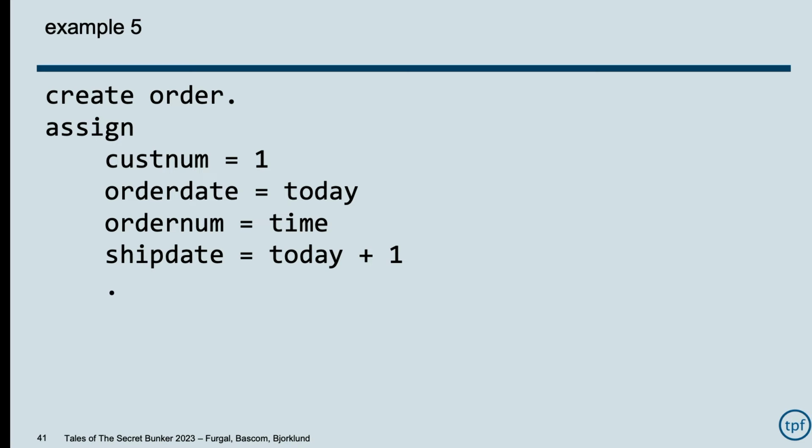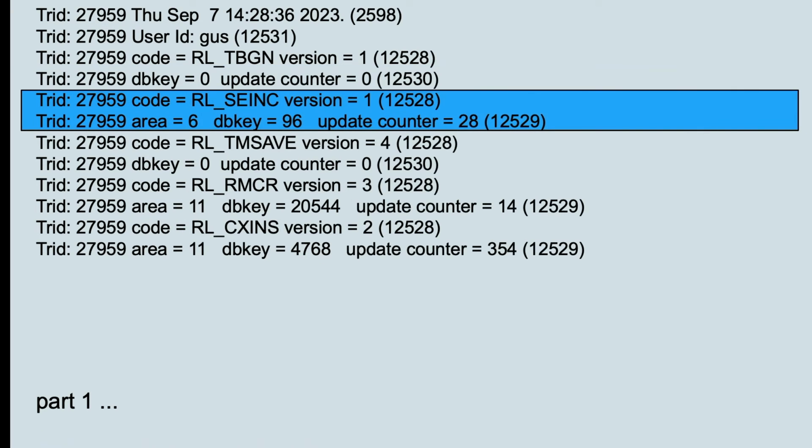So when you do that, because we're using an assign here, and we're assigning values to all the fields that are involved in indexes, the create doesn't happen until after we've assigned all the field values. If you did it as individual assignment statements, the result would be different. So here's what you get. The trigger gives us a sequence number, then we create the record, we create an index entry.